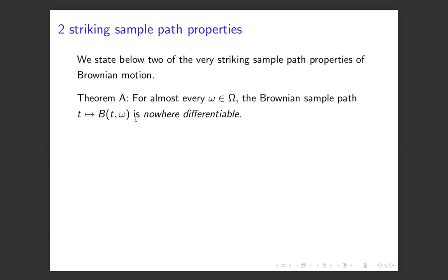So what almost everywhere means is, with respect to that Wiener measure, for almost every omega, this path is nowhere differentiable. In other words, in the space of continuous functions, the Weierstrass type functions form the dominant class in a measure theoretic sense.